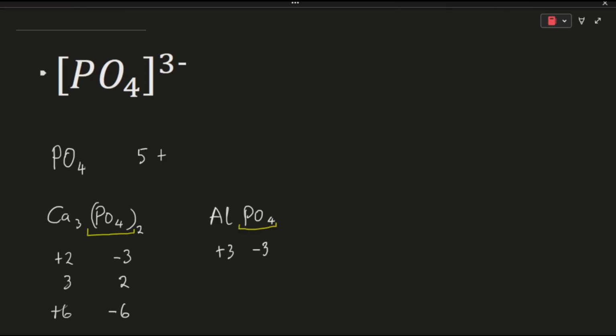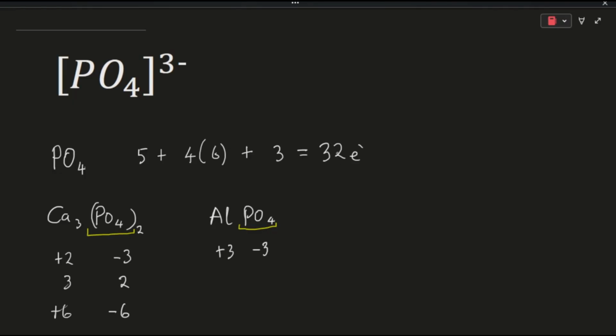There are 4 of them. So we are going to have 4 atoms of oxygen, each providing 6 electrons. Then 3 electrons gained when it combines with a cation. So in total, there are going to be 32 electrons that will be involved in bonding.